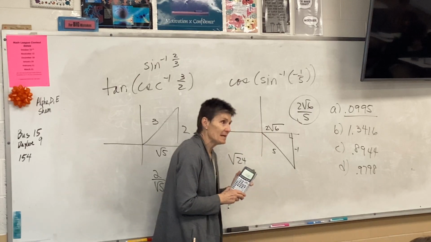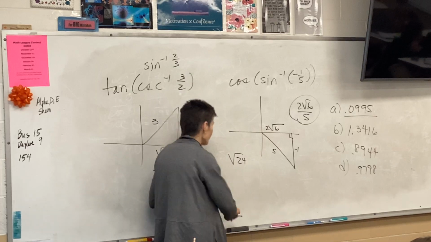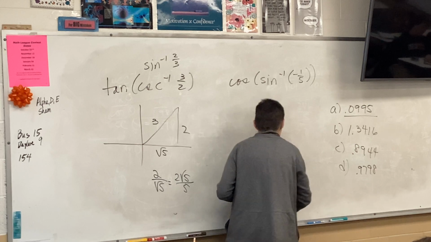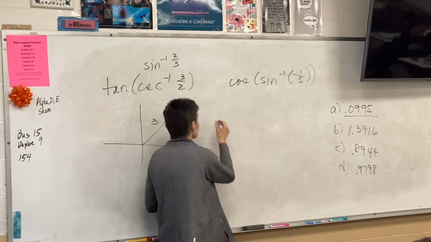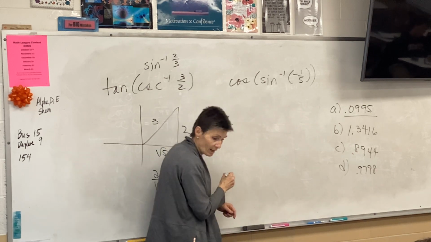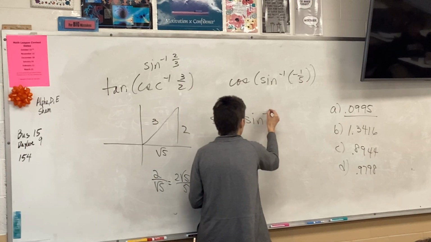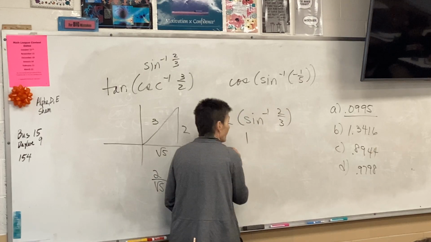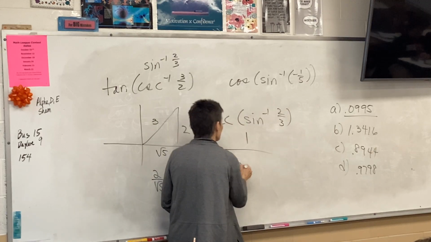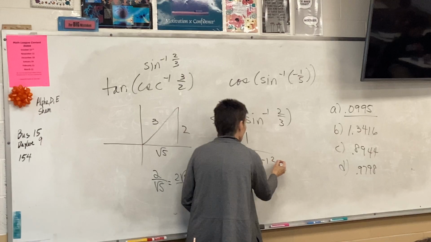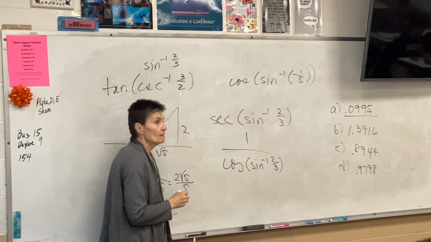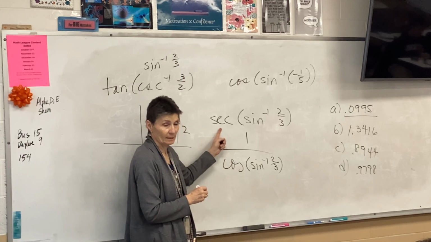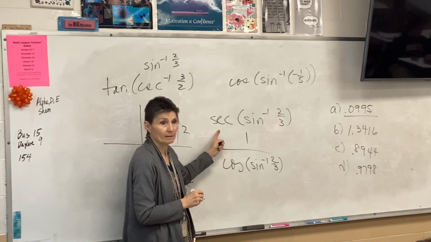Now, B. We have to think about this, you guys. B is asking me to find a secant. I do not have a secant button. So what I need to type in is 1 over cosine, second sine 2/3, because to put a secant into my calculator, it's 1 over cosine.